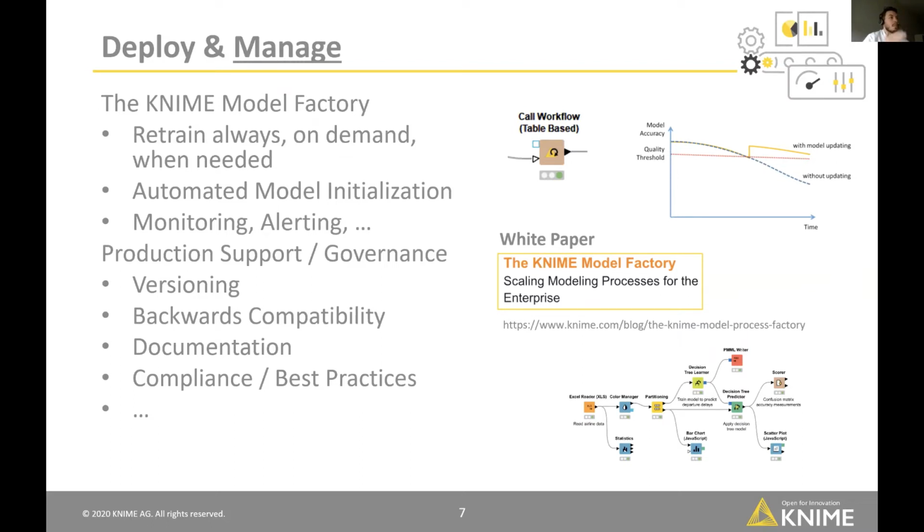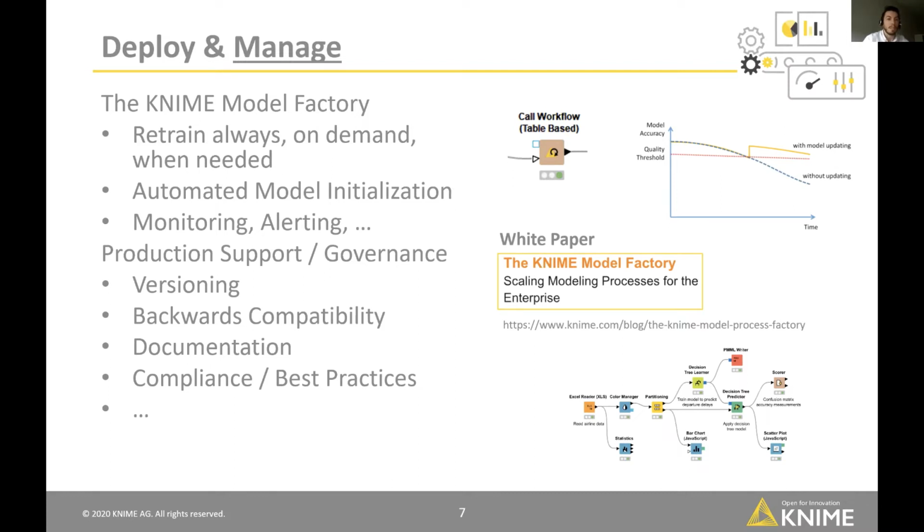So you can take into consideration a certain threshold, and whenever the model starts performing not as expected anymore, so it goes below this quality threshold level that you set before, KNIME will trigger the execution of the workflow that will be responsible for training the model again.